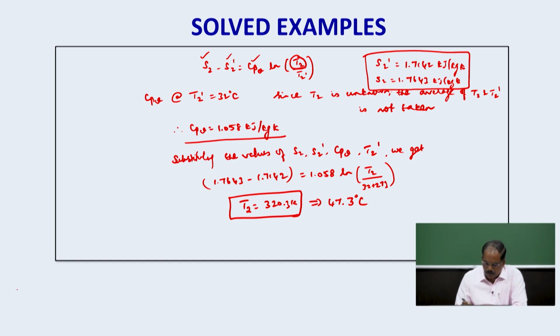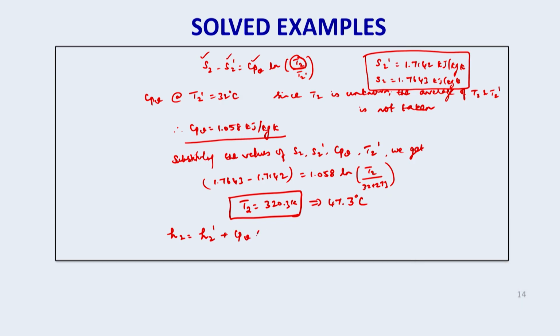Now it's easy to find the enthalpy at state point 2 using the formula H2 is equal to H2 dash plus Cp of vapor into delta T. So this is nothing but H2 dash plus Cp of vapor into T2 minus T2 dash.